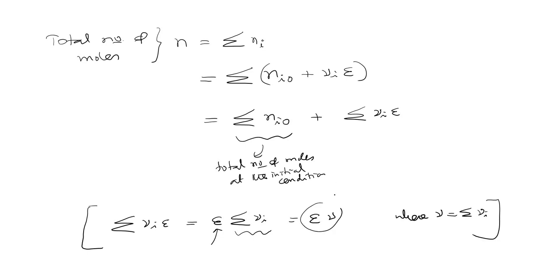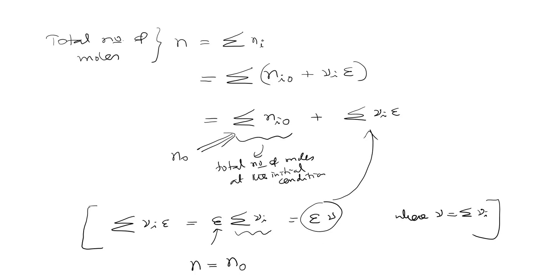Now I am going to substitute this here. So if I substitute that, what will I get? The total number of moles N is equal to the summation of Ni naught, which I am going to represent as N0. What is N0? N0 is nothing but the total number of moles of all the species at the beginning of the reaction, or before the commencement of the reaction.